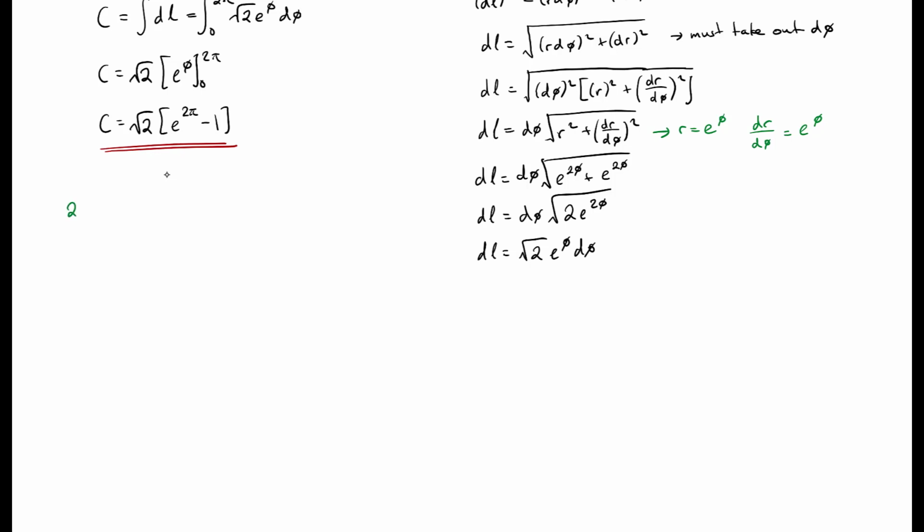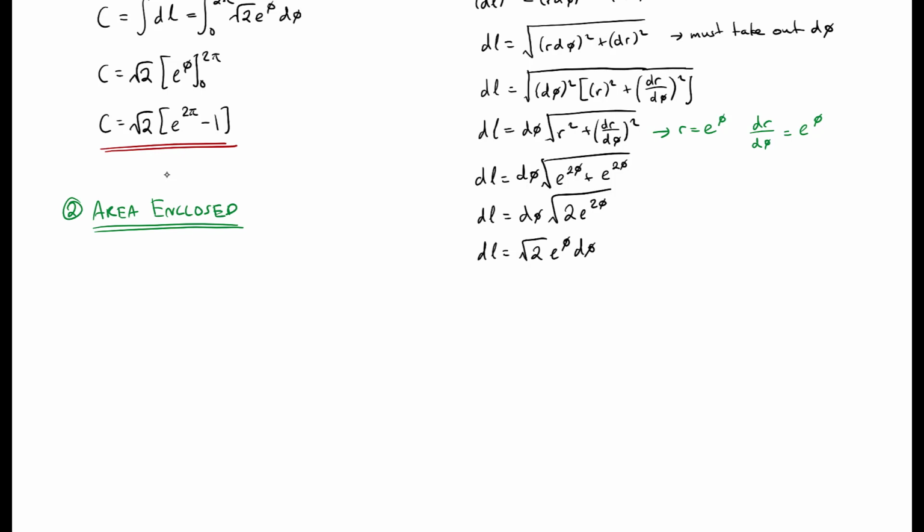Number 2, we wanted to figure out the area enclosed by one rotation of the Archimedes spiral. So in this case, before we were trying to figure out circumference, so we needed a differential length element.